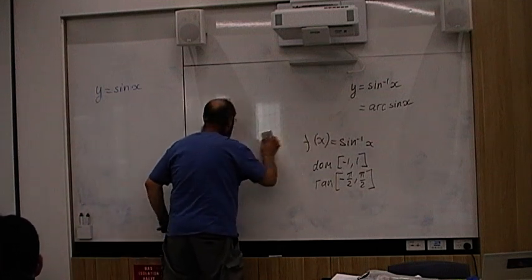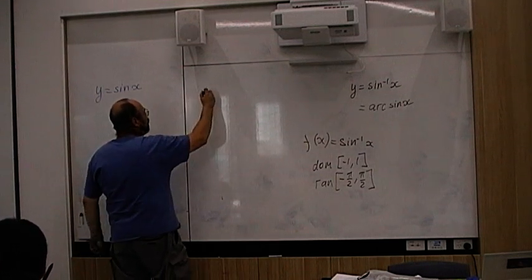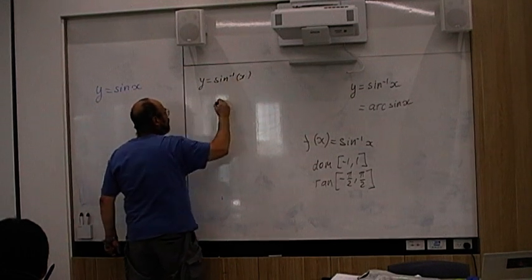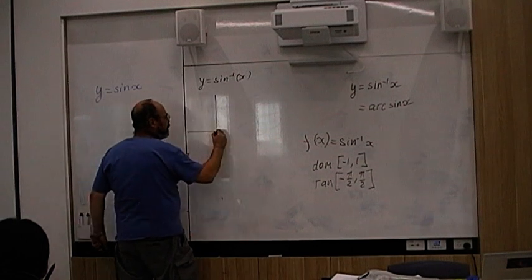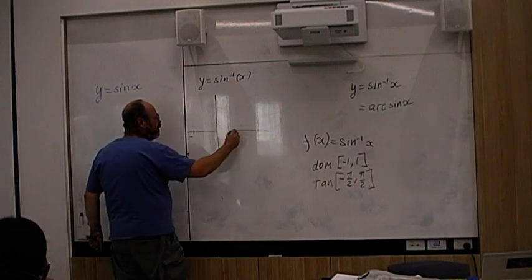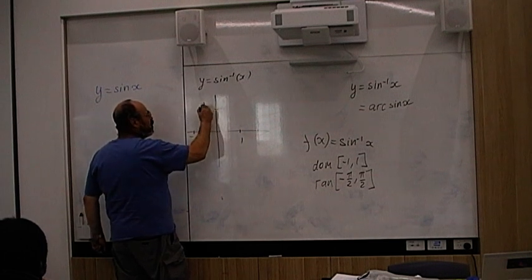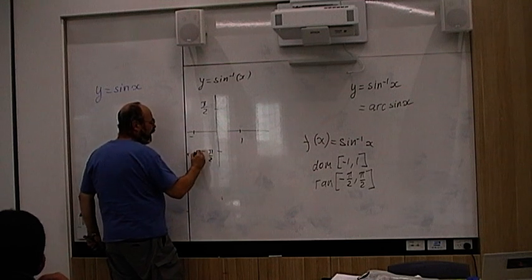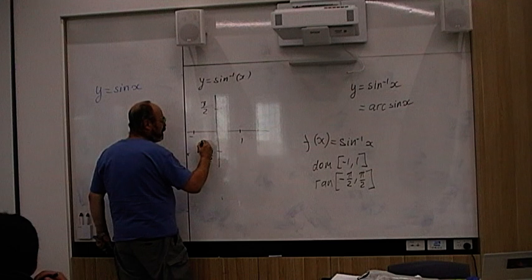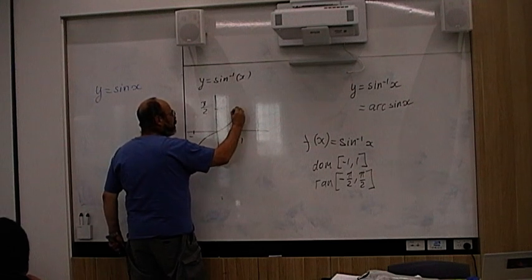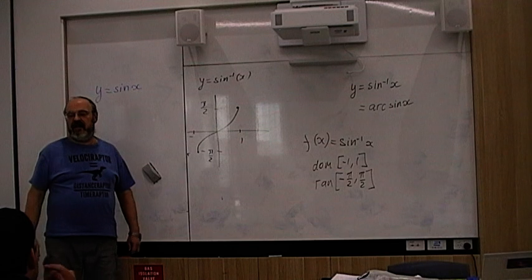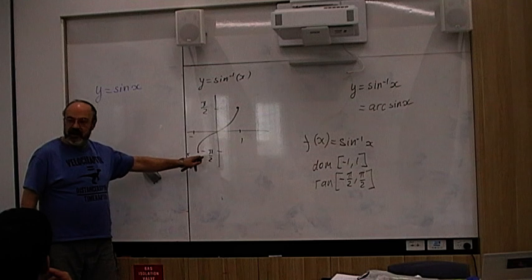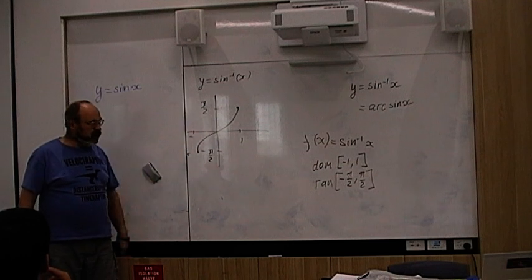So we will have the graph of y equals sine negative 1 x, with domain negative 1 to 1, and pi on 2, negative pi on 2, and that will be something like this. This is how the graph of sine negative 1 x looks. And here is the original, its starting point and end point.